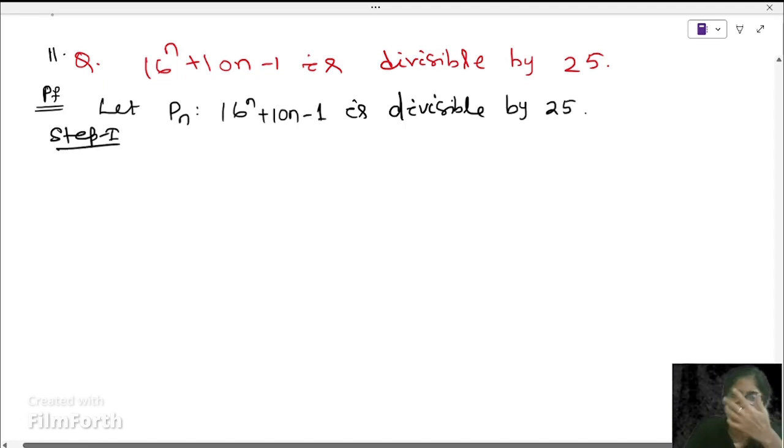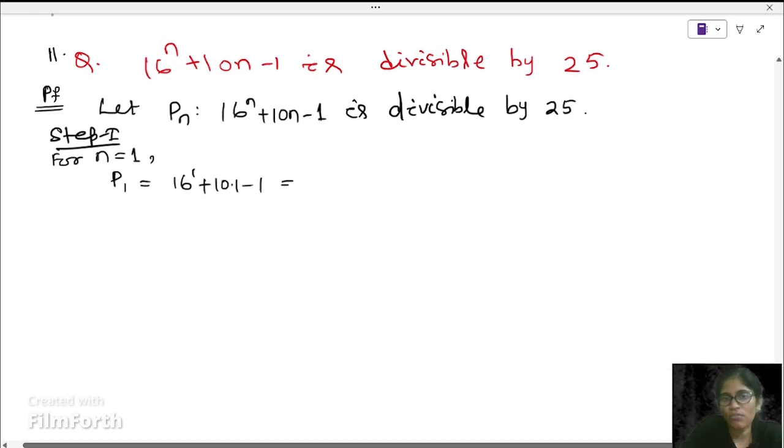There are 3 steps. Step 1: prove that for n equal to 1, it is true. Then assume that for n equal to k, Pk is true. And then we have to show Pk plus 1 is true. These are the procedures. For step 1, for n equal to 1, P1 is equal to 16 to the power 1 plus 10 into 1 minus 1, which is 26 minus 1, equal to 25.